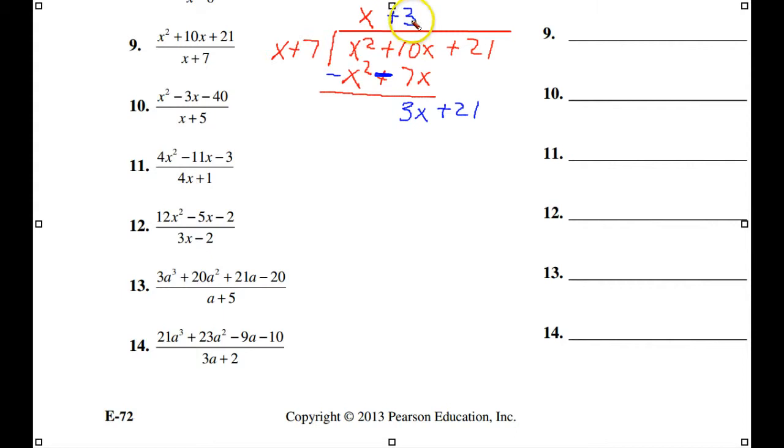So x times 3 is 3x, which is what we're looking for. 7 times 3 is a positive 21. And again, we change our signs, and everything cancels out. So once again, this times this will give you this.